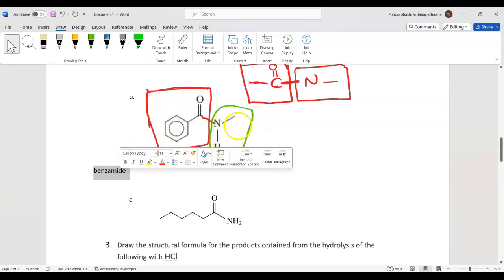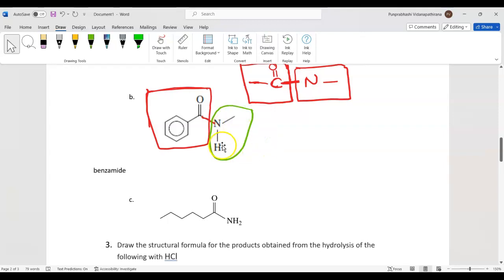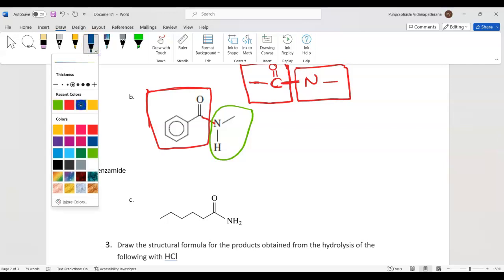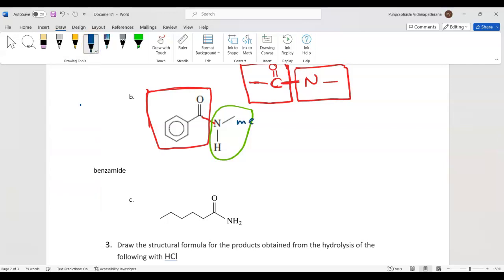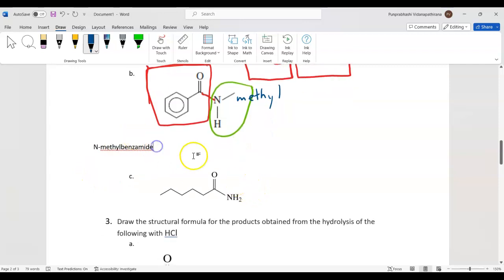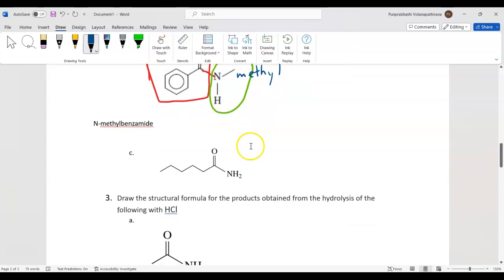Now we will go to the amine part. In the amine part, we see there is a methyl group attached to the nitrogen atom, right? So we have to specify that name as well. In front of the name, you will give N-methyl benzamide. There is no space in between methyl and benzamide. So that's the name for question B.